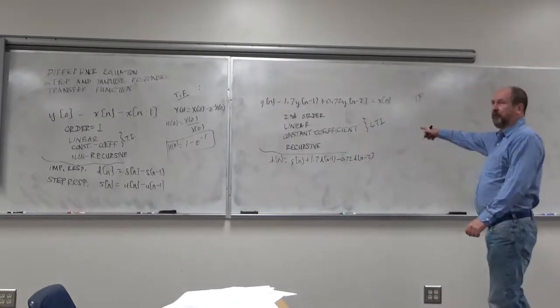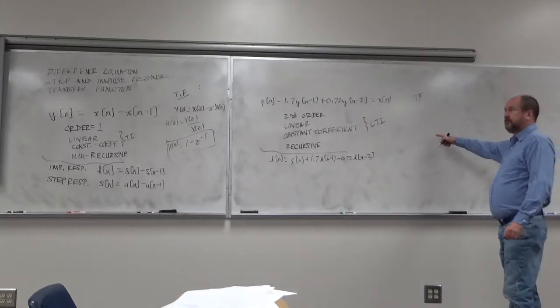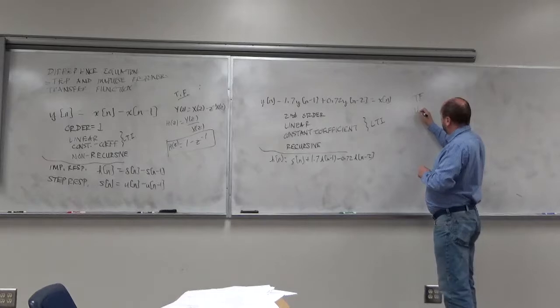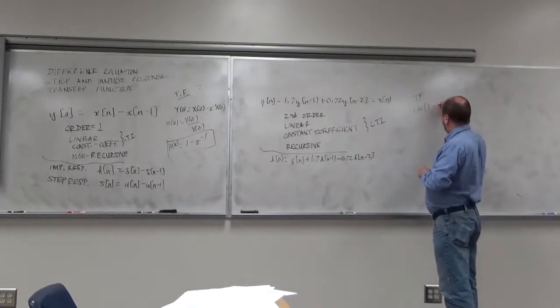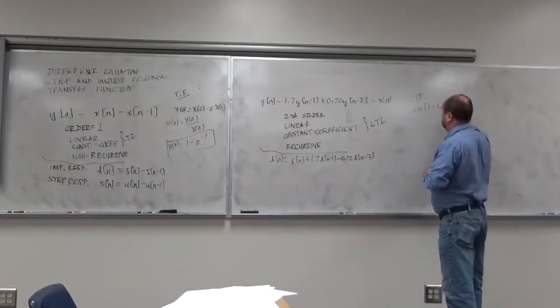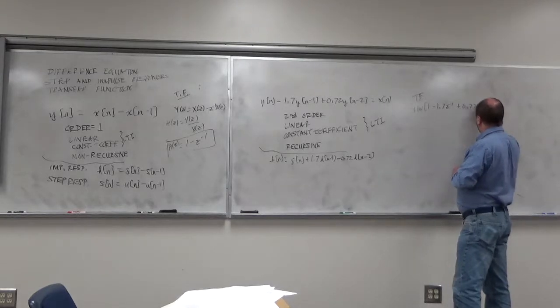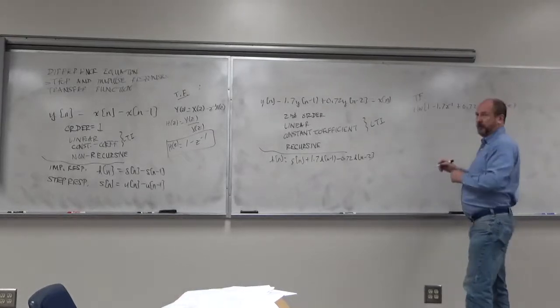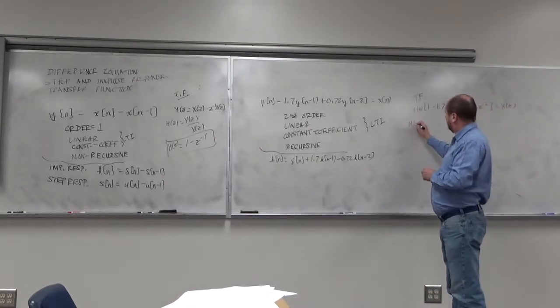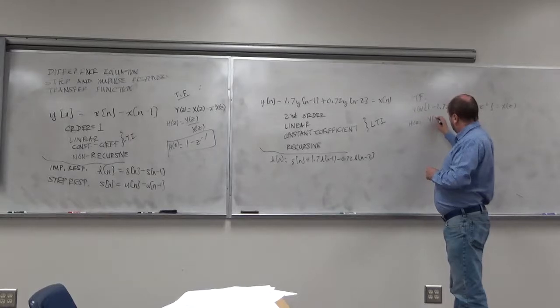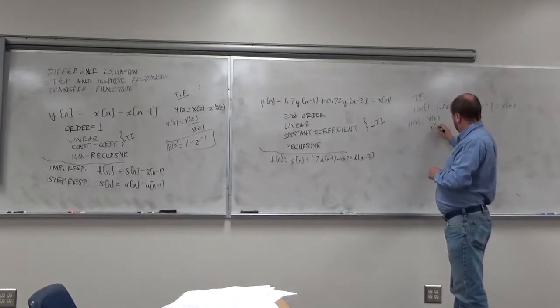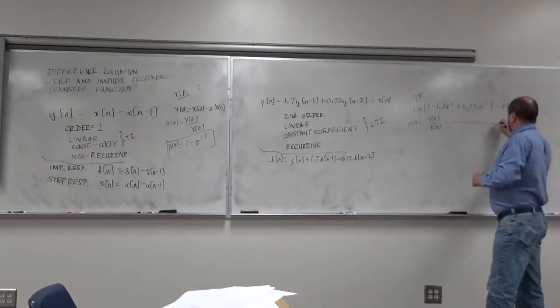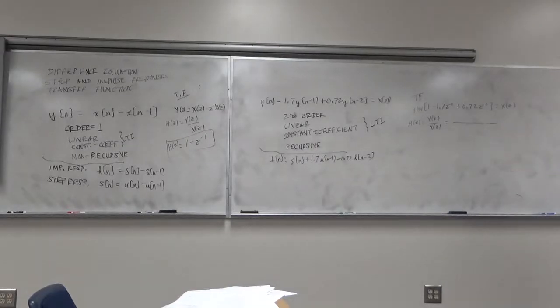Transfer function over here, same thing. We're going to write y of z, and on the left-hand side we'll get 1 minus 1.7 z to the minus 1 plus 0.72 z to the minus 2. And on the right-hand side is x of z, and we're going to do the same thing here. H of z, y of z divided by x of z. And you get what? Tell me what the numerator is.